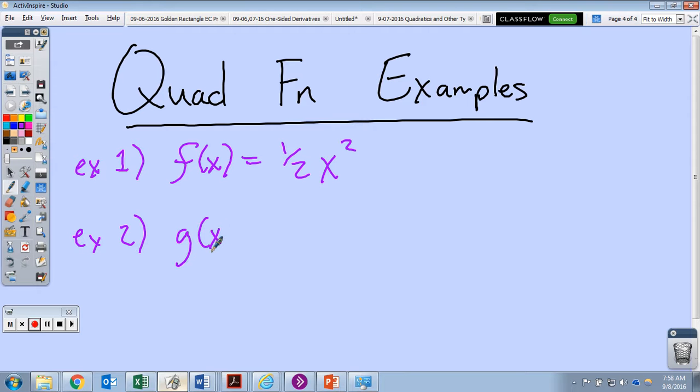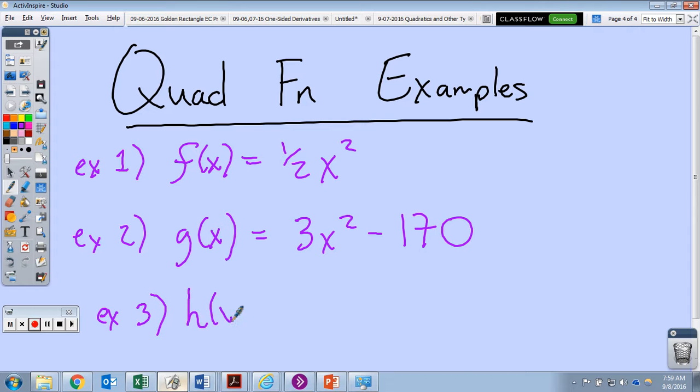Another example you can make up. g of x is equal to 3x squared minus 170. Another example. h of x is equal to 4x plus 15 minus 17 halves x squared.